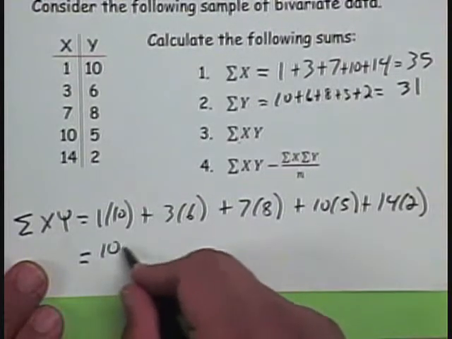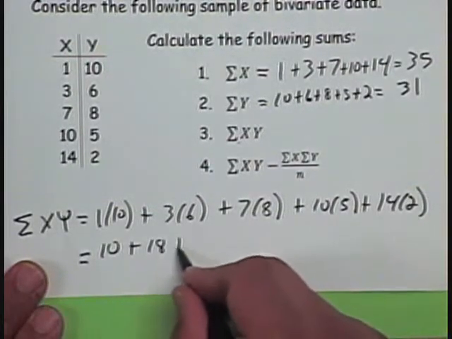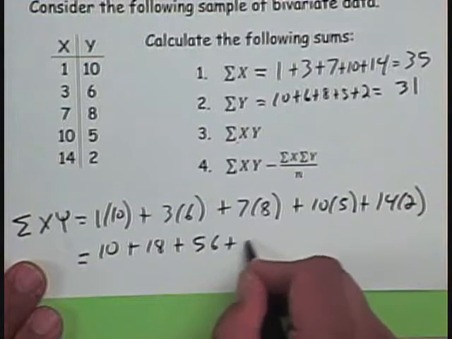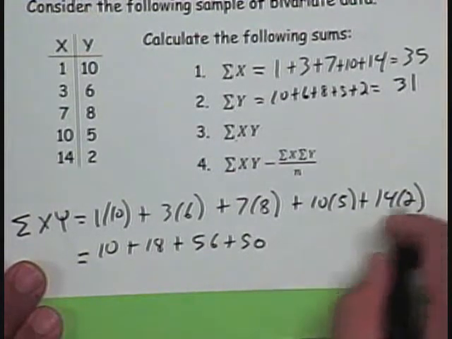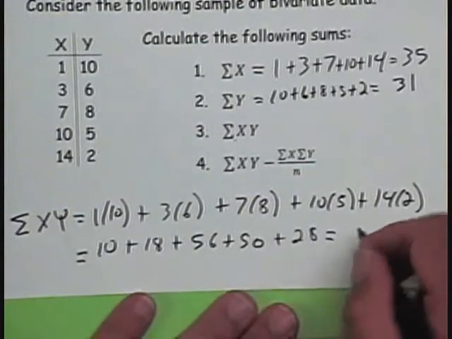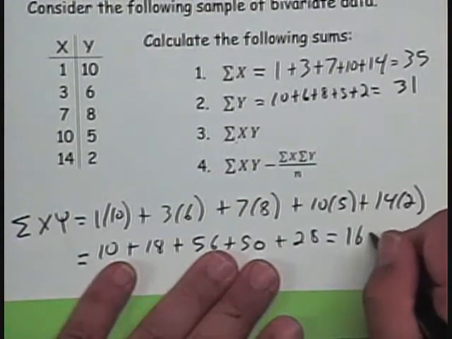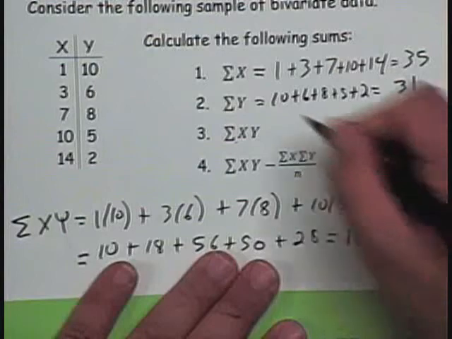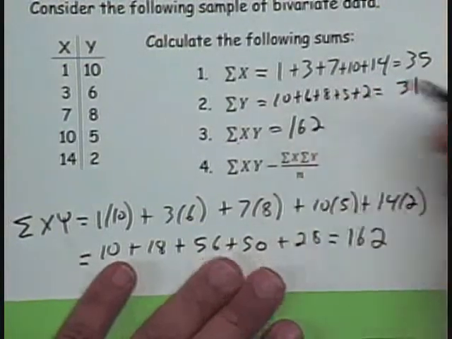Okay, so this would be 10 plus 18 plus 56 plus 50 plus 28. And then you add those together, you get 162.